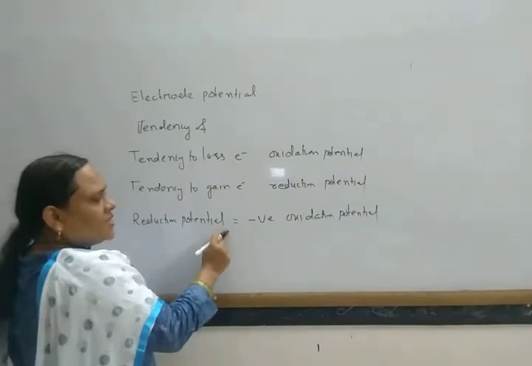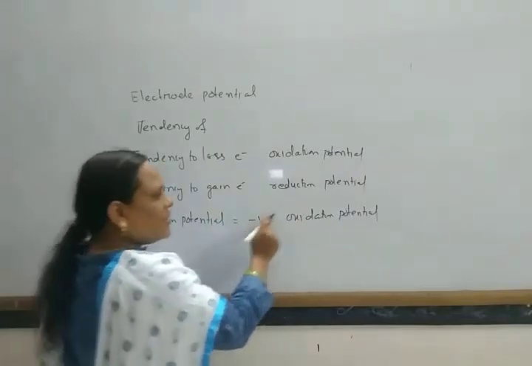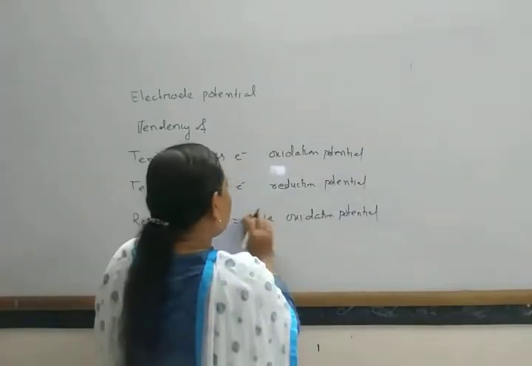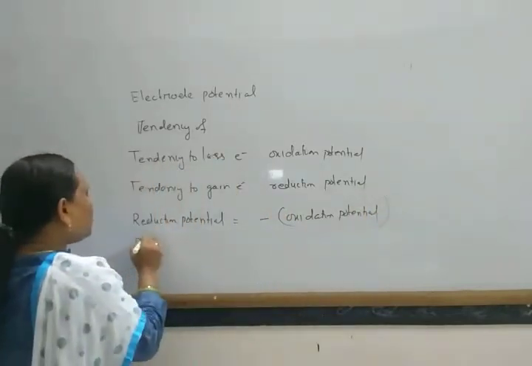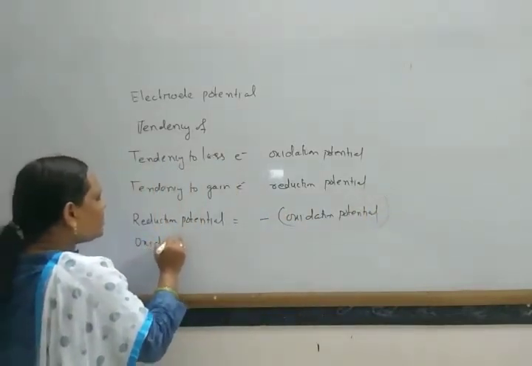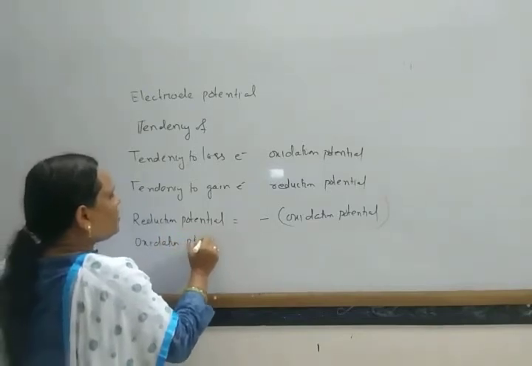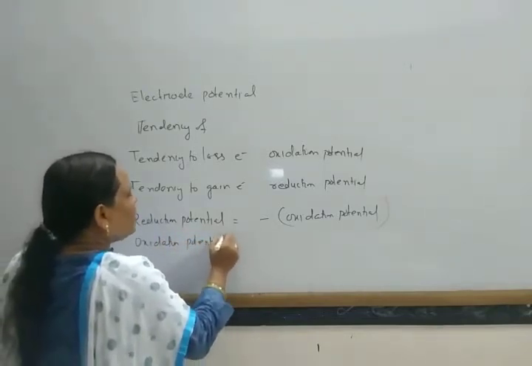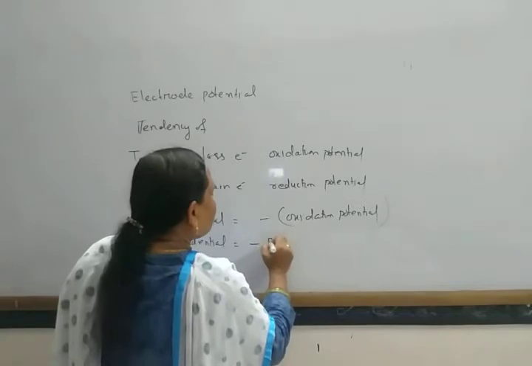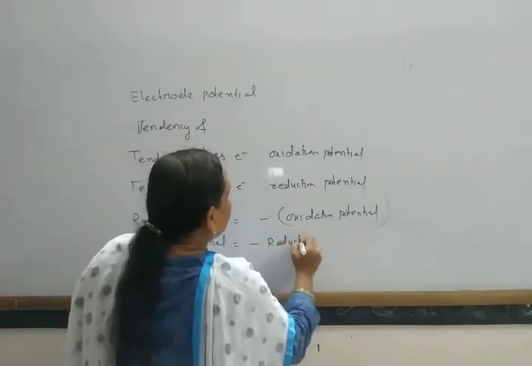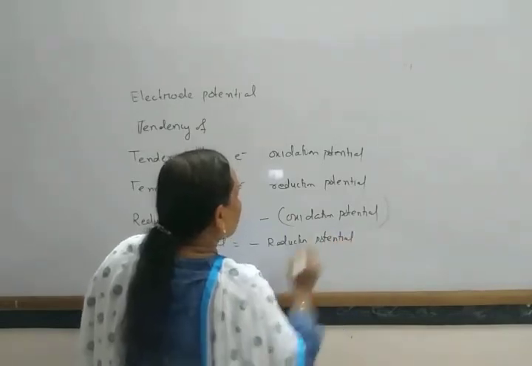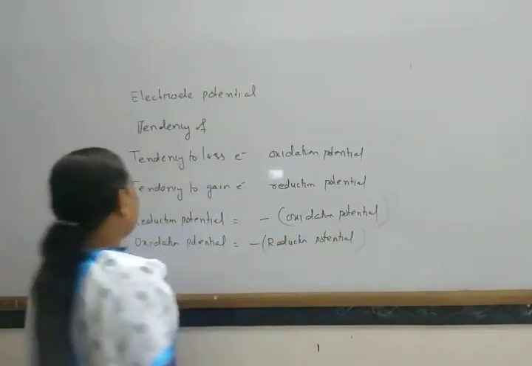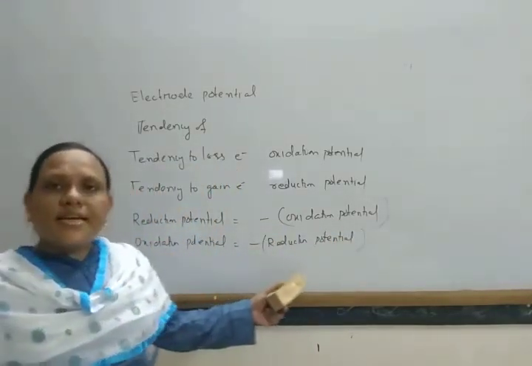The reduction potential of an electrode is just the negative of its oxidation potential. Or we can say the oxidation potential of an electrode is just the negative of its reduction potential.